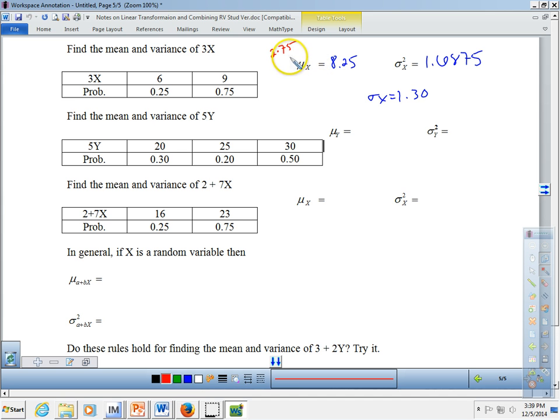We can also figure out if the old mean was increased by a factor. So we could take 8.25 and divide it by 2.75. And when you do that, you get 3.